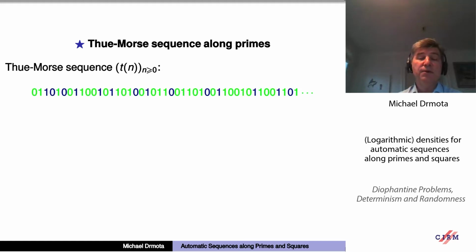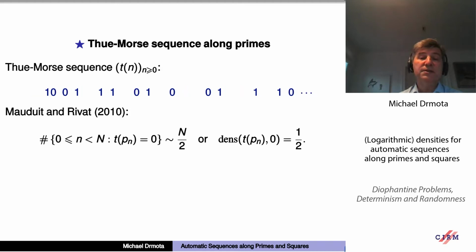So, for example, we can consider the subsequence of the Thue-Morse sequence along primes. So, t_2, t_3, t_5, t_7, t_11, t_13, and so on and so forth. And it was a breakthrough result by Mauduit and Rivat to prove that if you consider just this subsequence of the Thue-Morse sequence, the letters 0 and 1 appear again with asymptotic frequency 1/2.